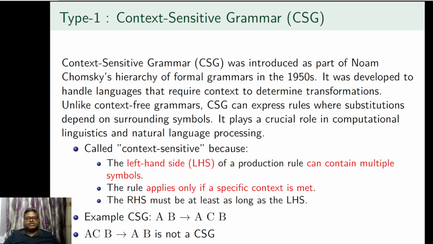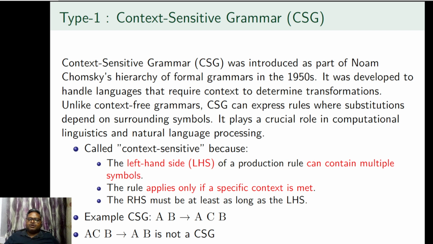That means the right hand side must be at least as long as the left hand side. For example, if you see the first rule, AB is forming ACB. So here on the left hand side we have two non-terminals, and on the right hand side we have three. So this is a valid context sensitive grammar.